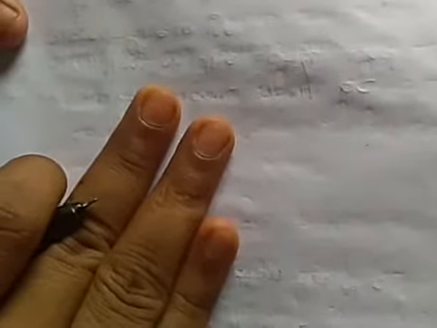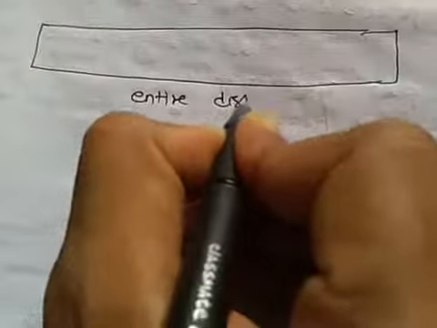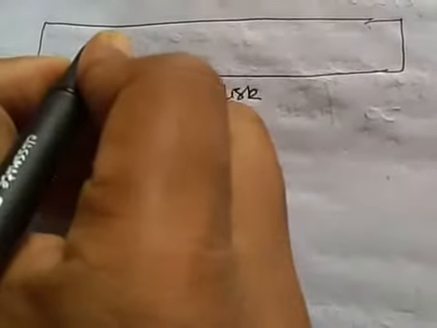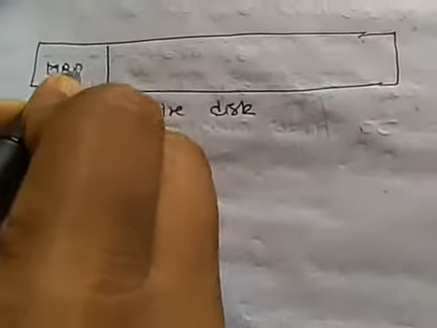Now let us take an example of pictorial representation. With the help of that we can understand the master boot record. Now suppose we have a hard disk. Now this is the entire disk. Now suppose we have a sector. This is known as MBR, and this is the first sector.